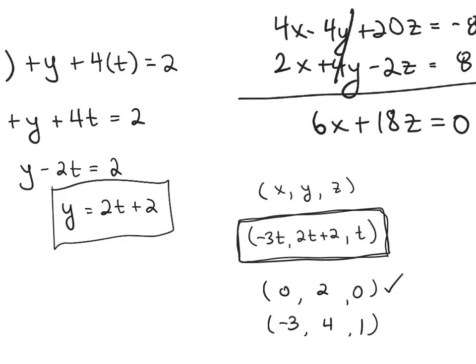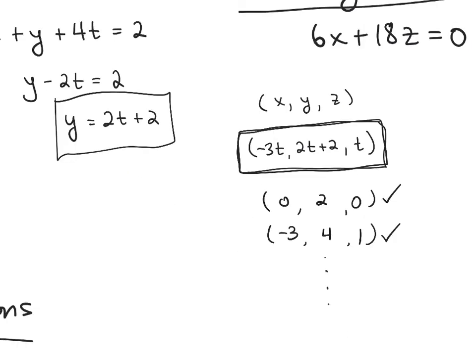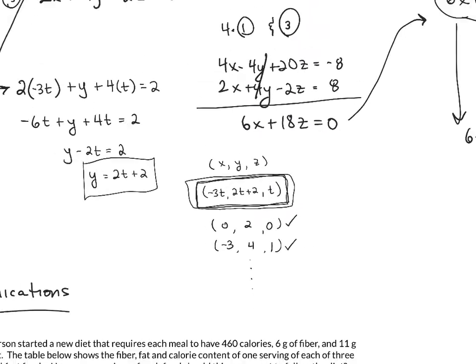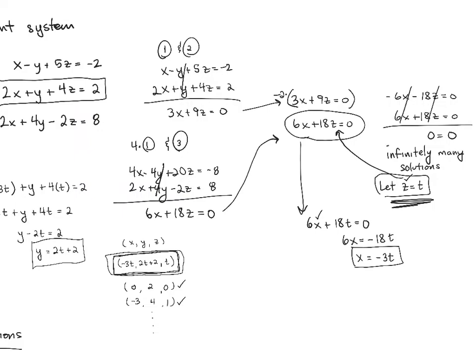So negative 3 comma 4 comma 1 would also solve the system of equations. And by choosing different values of t, we could make an infinite list of solutions that would solve this system of equations. But this is what your answer would be on an exam, combined with a statement of infinitely many solutions. Where did we put that? Right here.